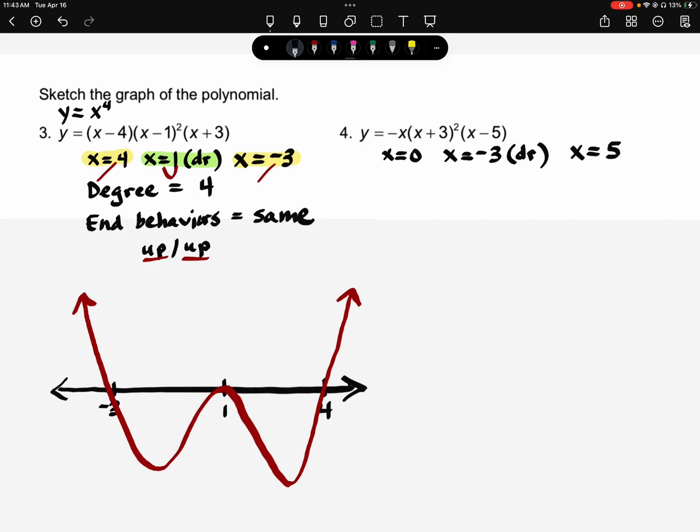All right, so same thing here, thinking about what is the degree. Well, if we multiplied everything together, we would end up with y equals negative x to the fourth. If we just multiply each of those initial terms in the front of each of the factors, remember there's 2 here for the x plus 3, we get a negative x to the fourth, which means our degree is 4, and our end behaviors have to be the same.